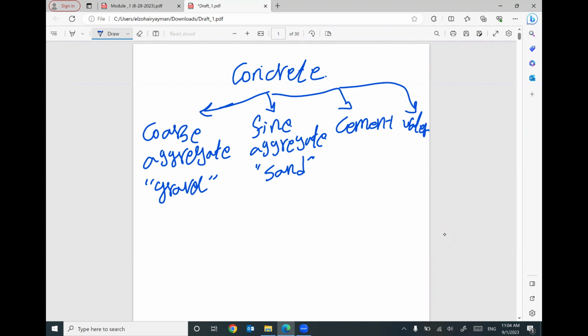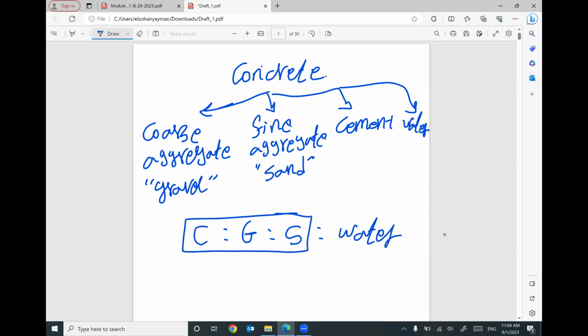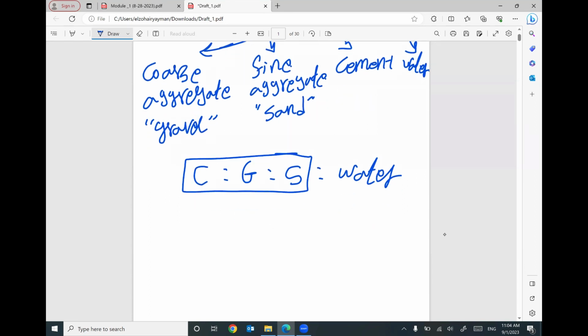If you would like to start your mix, you have to tell me what is the ratio between these components: cement to gravel to sand to water. Probably mainly for the first three ingredients. So I can say 1 to 1.5 to 2.